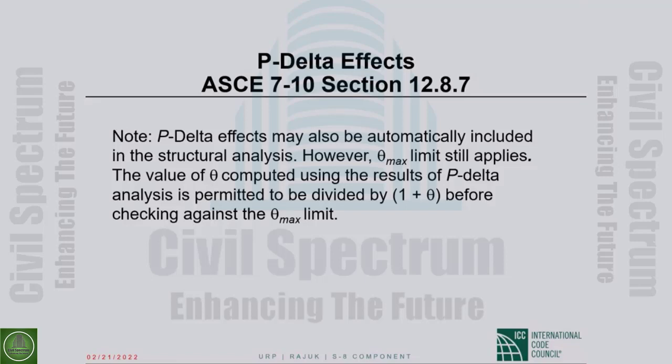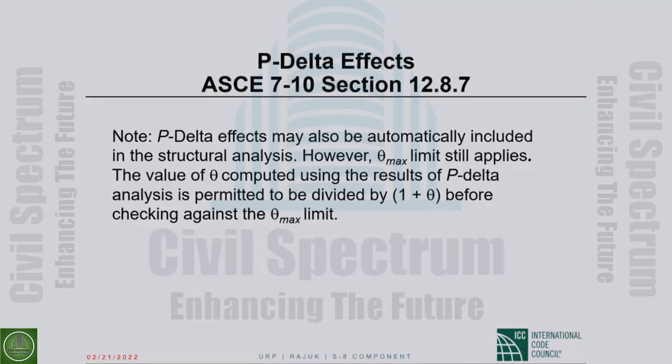So when you get your drifts from an analysis including P delta effects already, the deflections that you get from the computer can be divided by 1 plus theta, because the drifts that you check against the limit should be drifts in which P delta is not included.